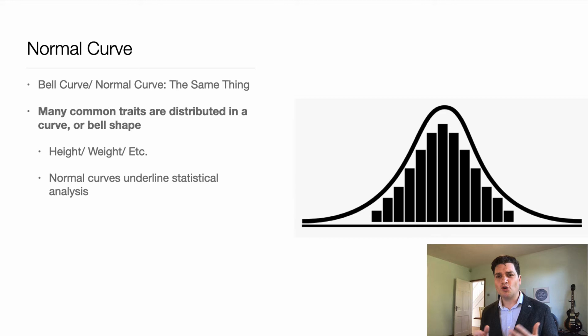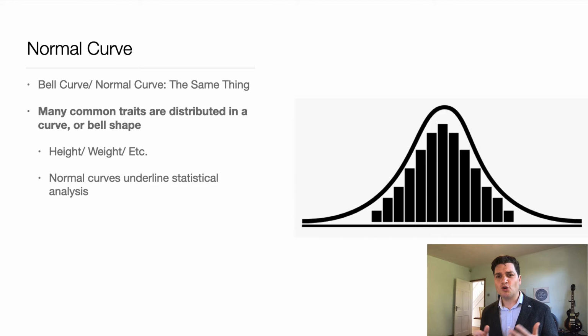So the classic one is weight. Now, how many people are what weight category? Well, you're going to get a very small amount of people who are anorexic, and they're down the bottom. Then you get a very small number of people who are incredibly obese. And you're going to have lots of people in the middle who are kind of, I'm going to say, average weight.